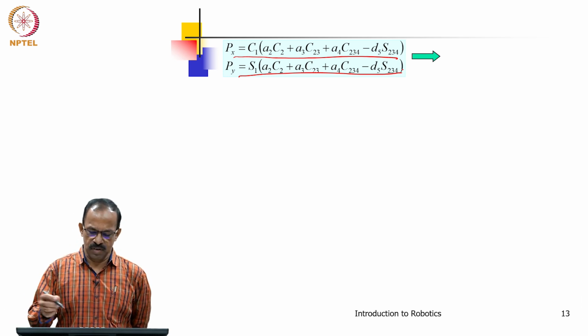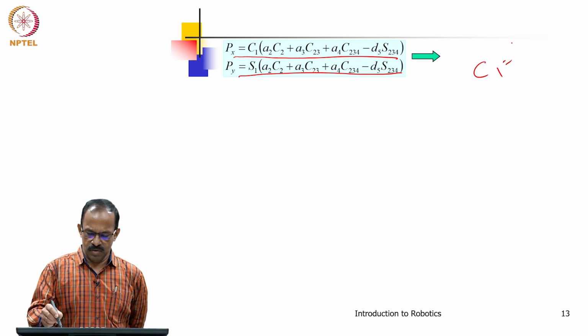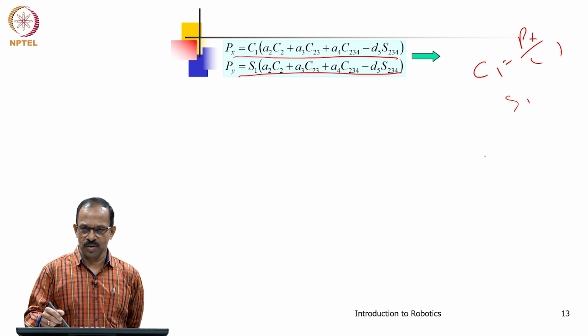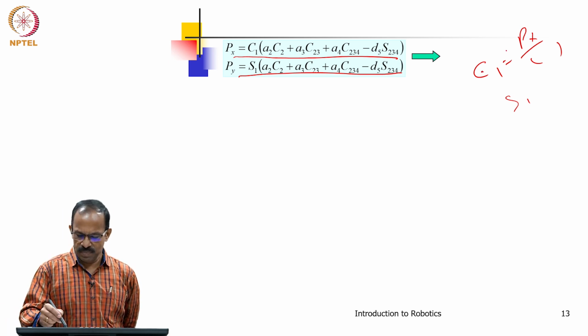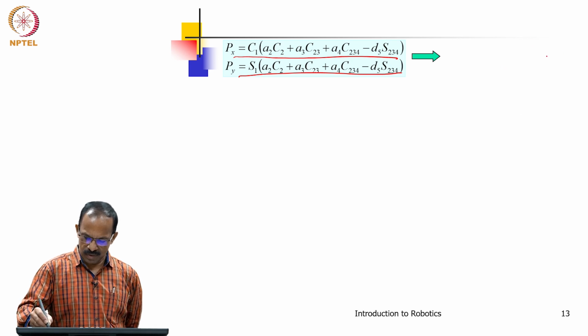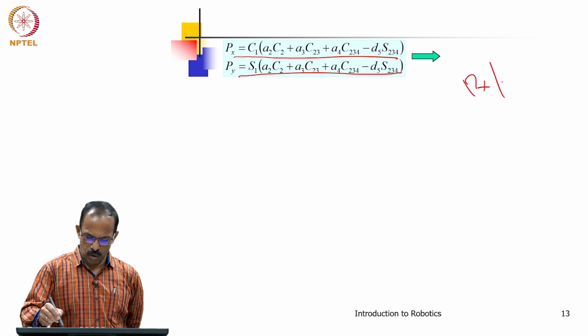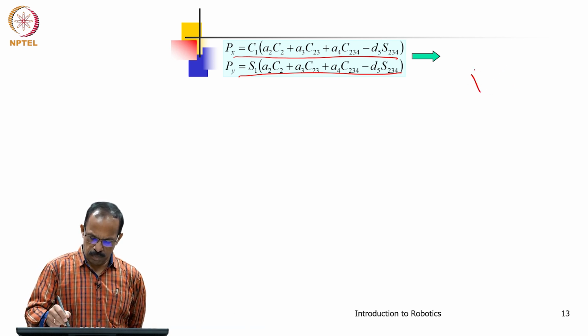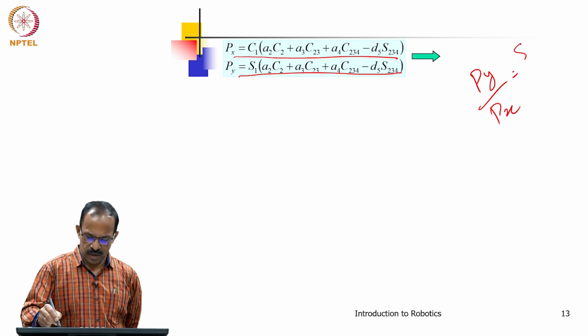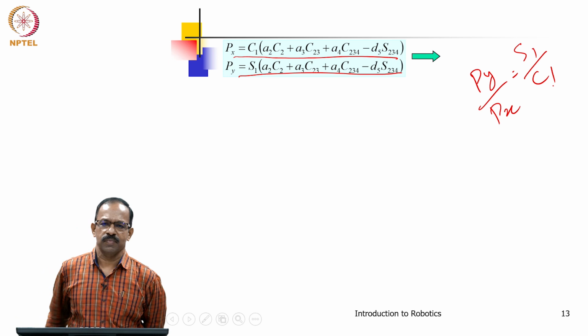Can we write C1 from here? C1 is Px by something, S1 is this one. So, we can say Py over Px is equal to S1 over C1.